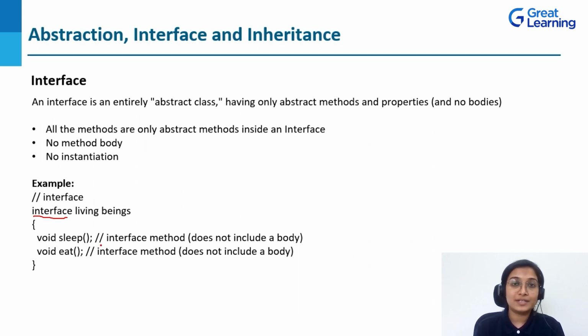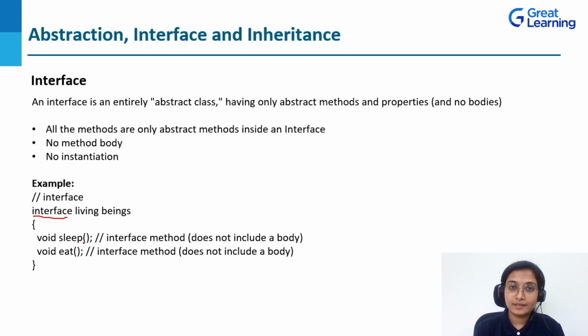And you should get a question that I said it is having abstract method. Where is the abstract keyword in the method? I've just written void sleep, right? So always remember one thing. In interface, the methods are by default public and abstract. You need not mention it. If you try to mention it separately, it will throw a compile time error, right?